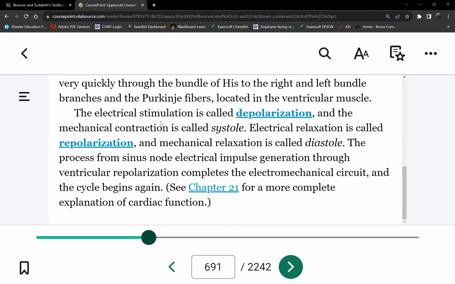A few terms here when we get to the next page. Depolarization is also called contraction. Repolarization is also called relaxation, meaning in depolarization, a myocardial cell is already full of positive charges, meaning there is so much calcium, potassium inside that it needs to discharge that energy.